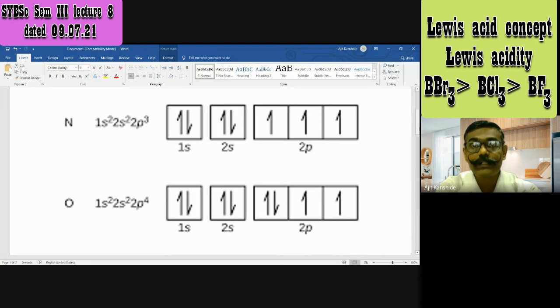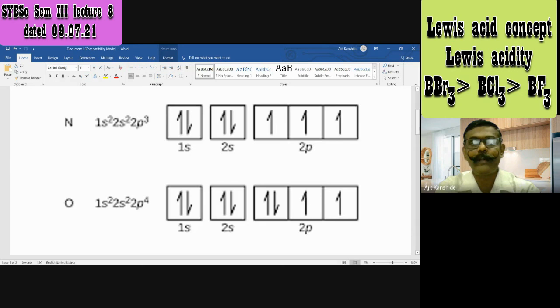But as per Hund's rule of maximum multiplicity, from last year's syllabus, electrons will prefer windows, and after fulfillment of all windows, then pairing will be there. So 3 2p sublevels are there, 2px, 2py, 2pz. First electron in one window, second electron in second window, third electron in third window. So 3 unpaired electrons are here in nitrogen.